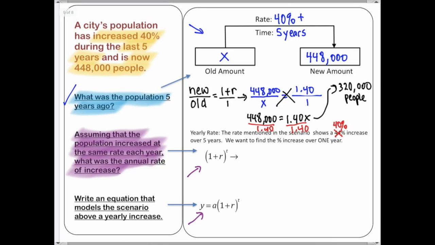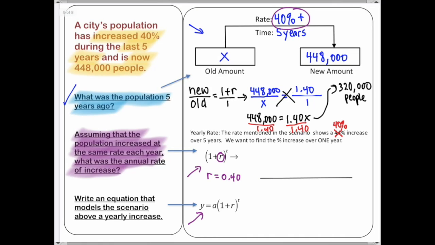But from this point, let's start working it out. We know what R is, okay? R is the rate that went up 40%, so R is going to be 0.4. Now, this is where the first part that I showed you is going to matter.